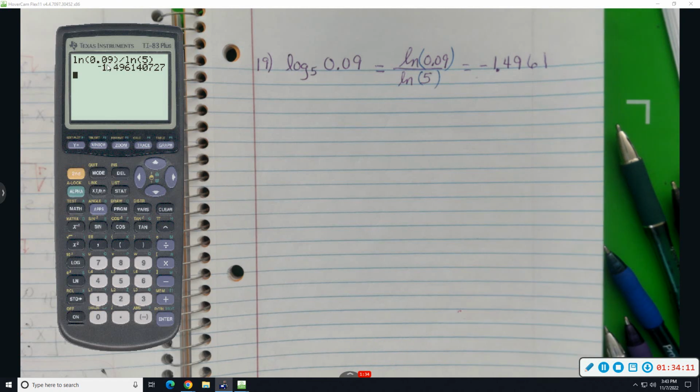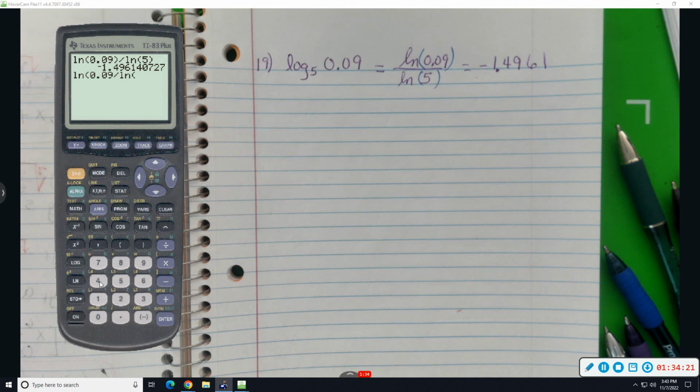But before I punch that in, I feel like I've got to do this. What if I don't close those parentheses? I want you to see that I'm really not making it up when I say you're going to get the wrong answer if you don't close them. You see, you don't get anything close to it. You've got to be sure to close the parentheses if that's the type of calculator you have. If it opens the parentheses, you've got to close them.